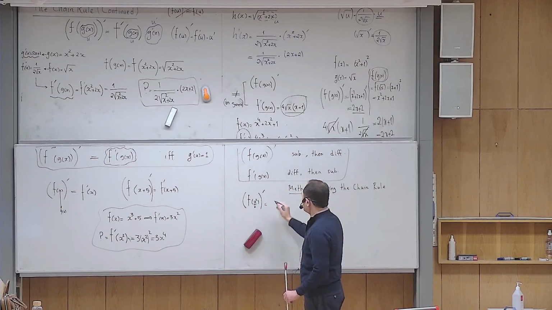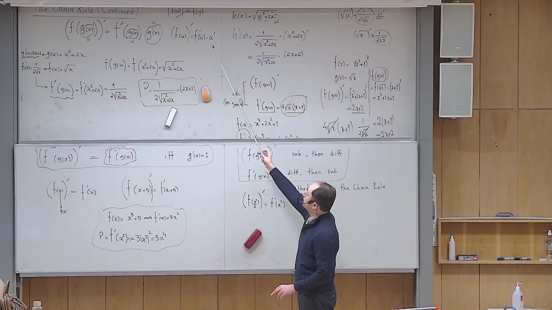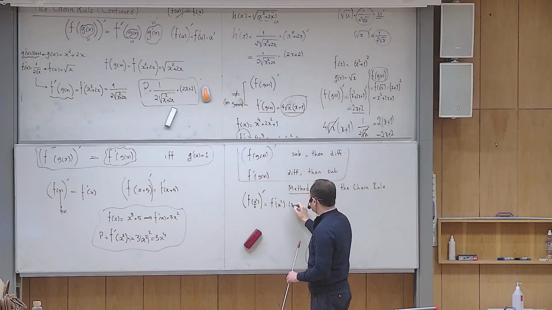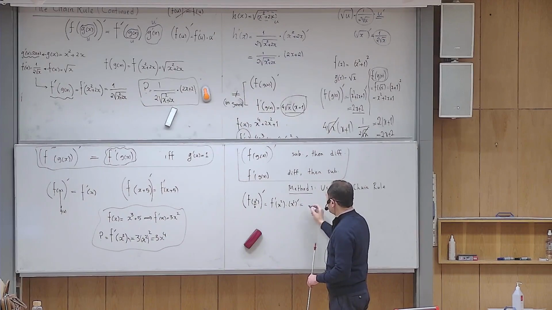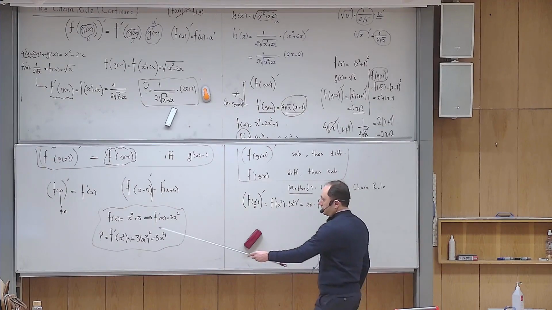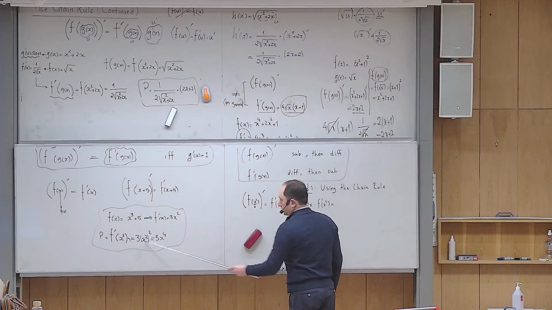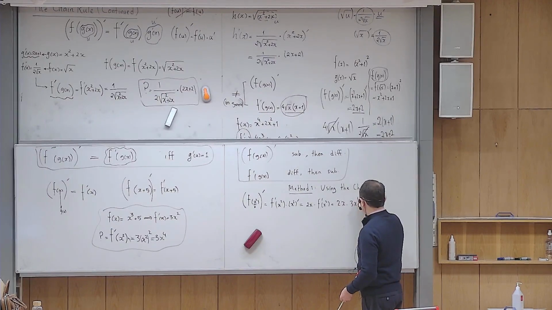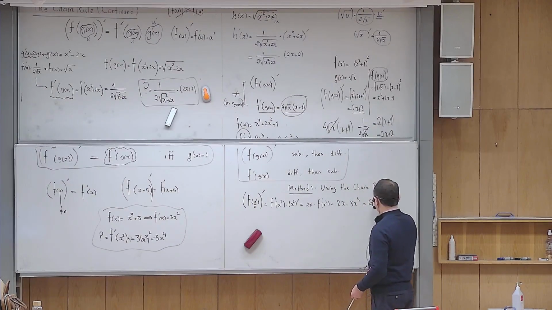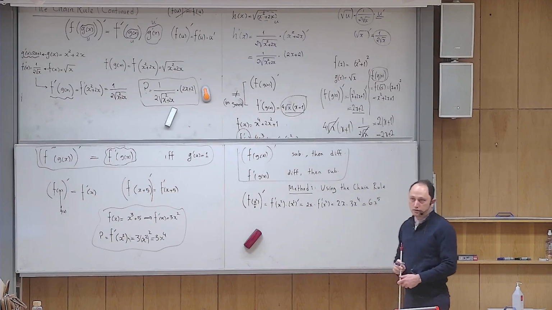So this becomes f prime of u, which is x squared, but this is not finished, multiplied by an extra u prime, which becomes x squared prime. And then this x squared prime is just 2x, times f prime of x squared, which I have already calculated as 3x to the 4, so this becomes 2x times 3x to the 4th, so the answer becomes 6x to the 5. So this is using the chain rule.